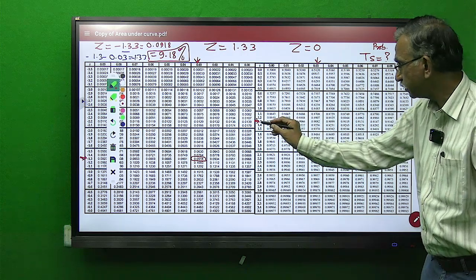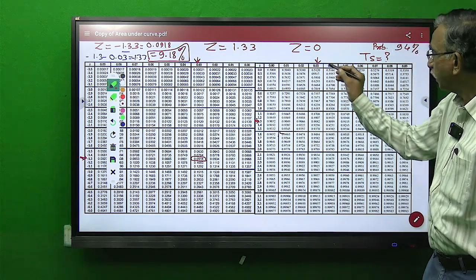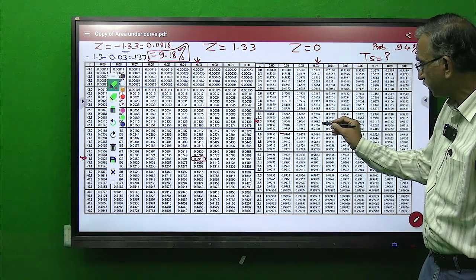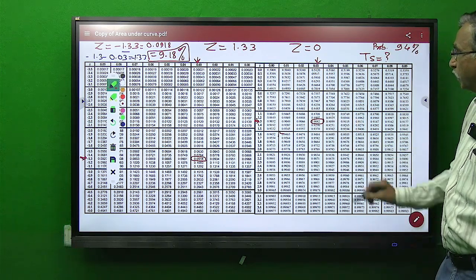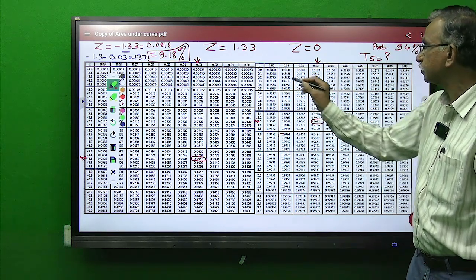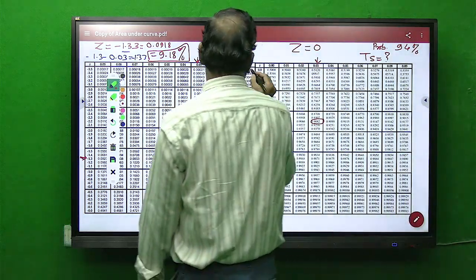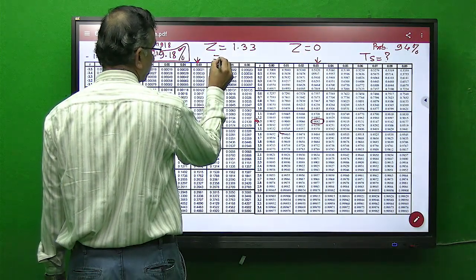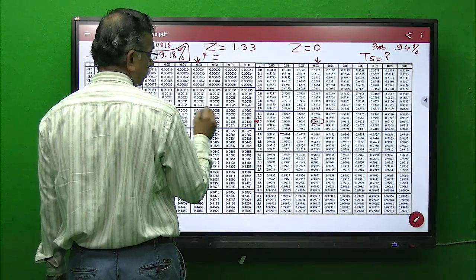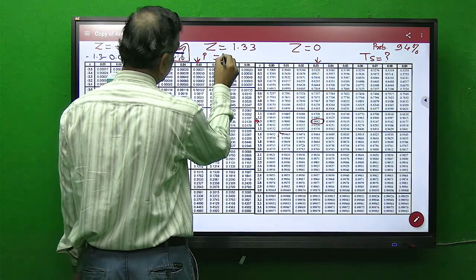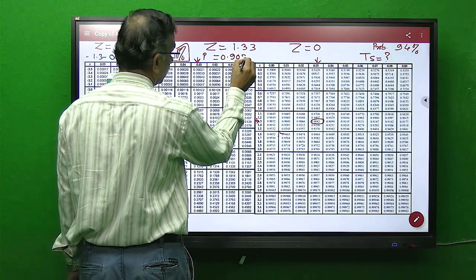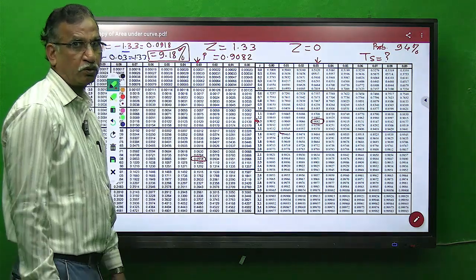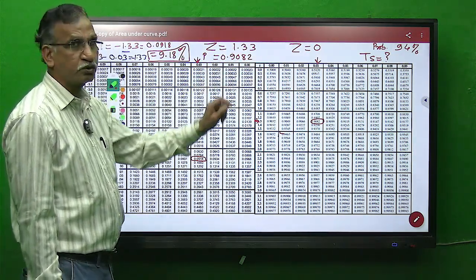Intersection of 1.3 row and 0.03 column yields me this value, and this value reads out to be, for this probability is equal to 0.9082.